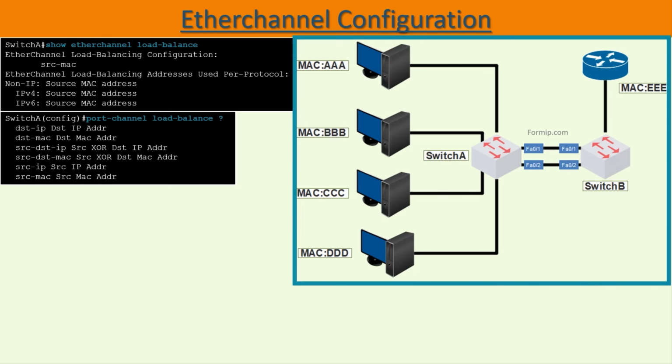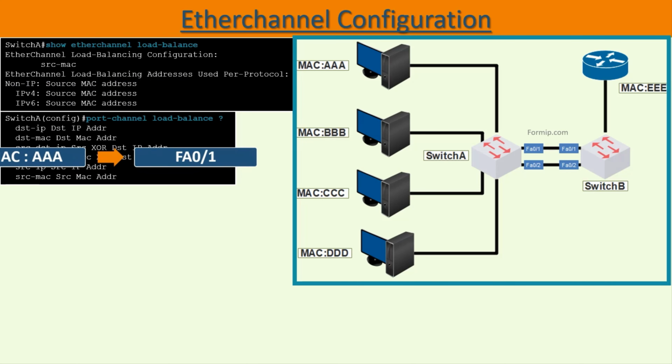In the diagram, we have 4 PCs, 2 switches, and 1 router. We have seen that the default load balancing is based on the MAC address. This means that all traffic from a MAC address will be sent to a single physical interface.